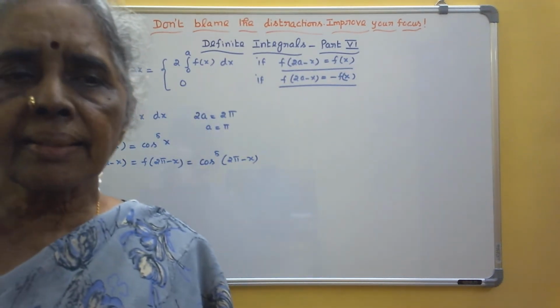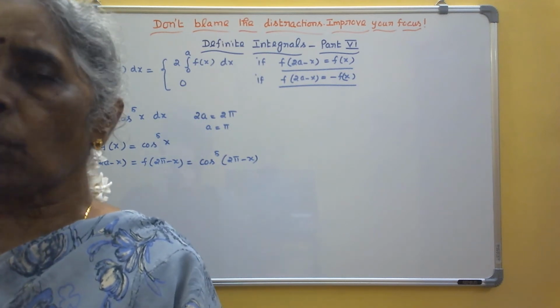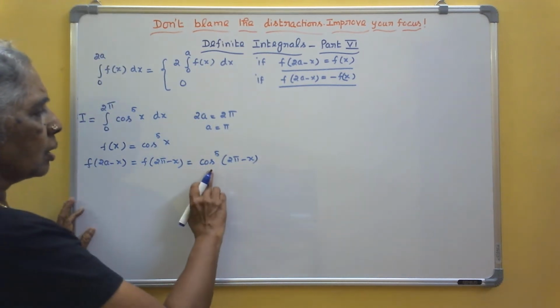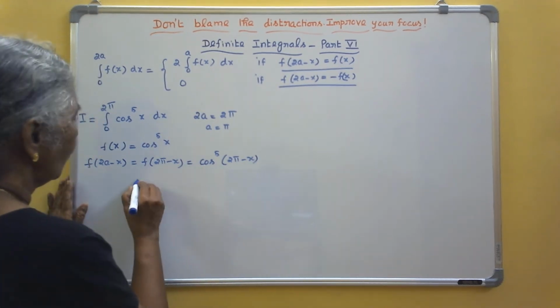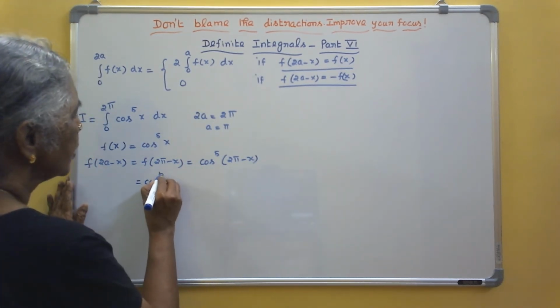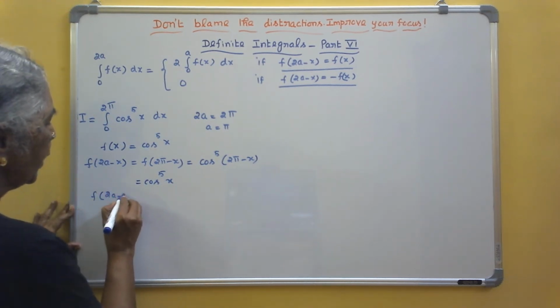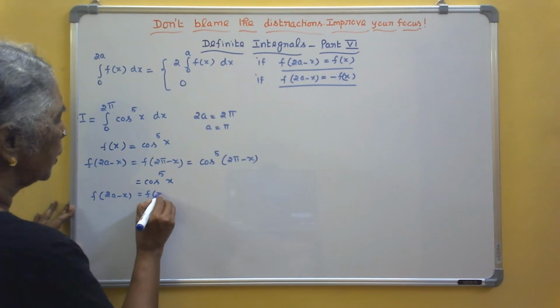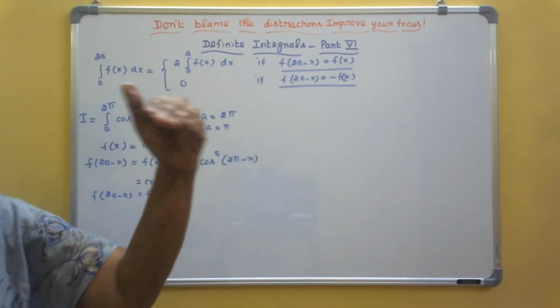Cos (360 minus theta) is equal to cos theta, you know, in the fourth quadrant. So cos (2 pi minus x) is equal to cos x. So you will be getting this is cos power 5x. So you are getting f of 2a minus x is equal to f of x. So you come to the first part of this property.